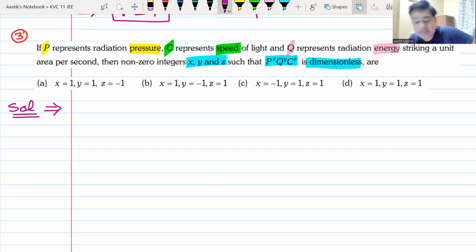Because you will get three equations to solve. And if you make a mistake in any of the equations, that is why the options are very close to each other.